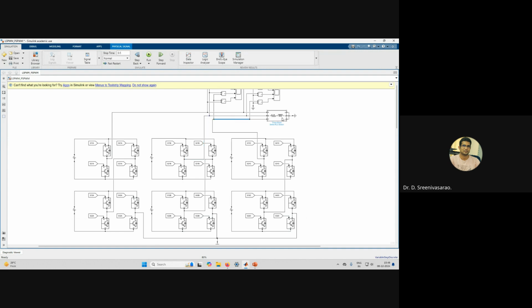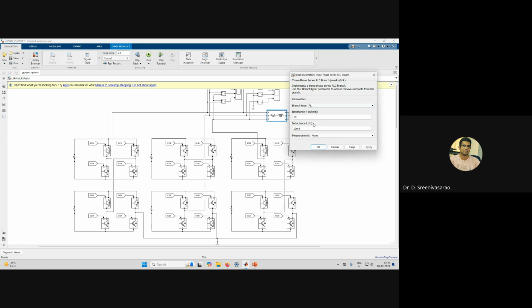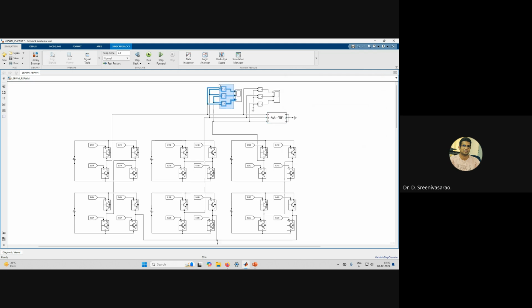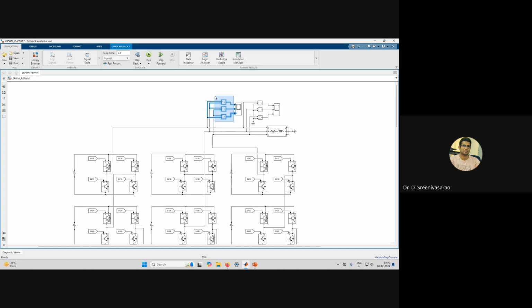I connected some RL load, some values of R and L. And I measured the phase voltage, and phase to phase, that is line voltage here, and phase to ground voltage, the phase voltage, is here. This is phase voltage, and this is line voltage.